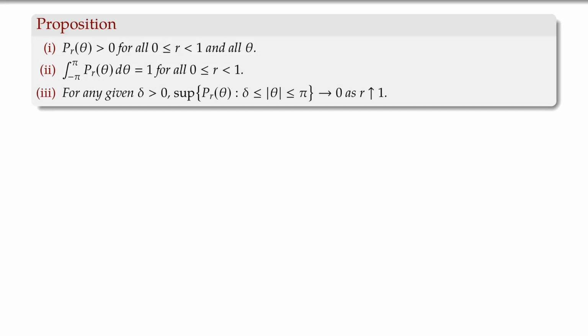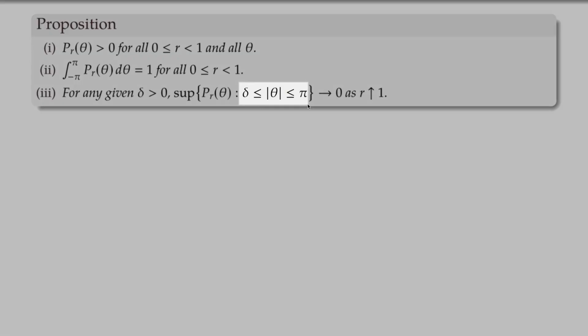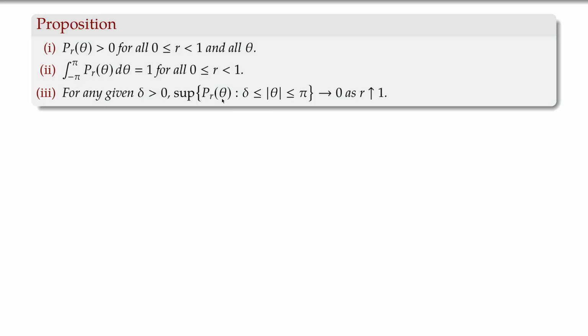And finally, if we take out a small neighborhood from minus delta to delta and look at the rest of the thetas, so the rest of the thetas are this thing.